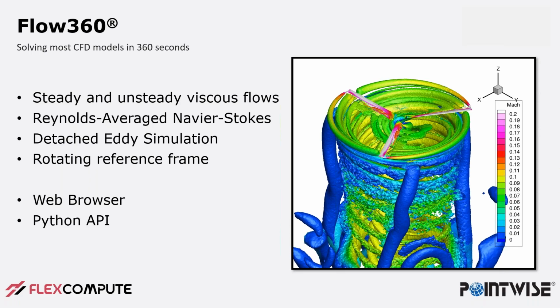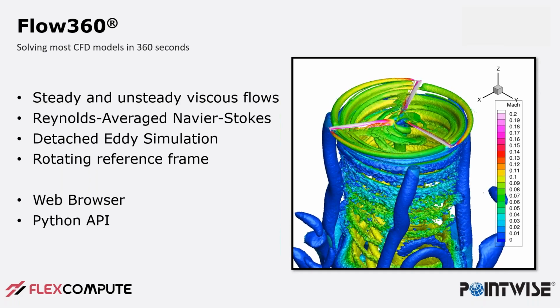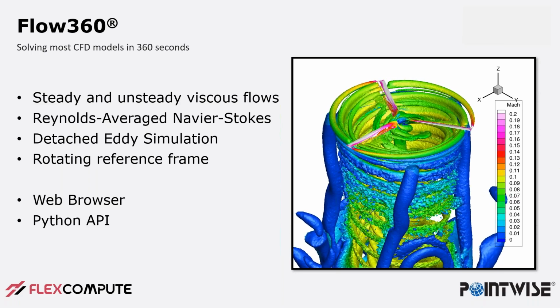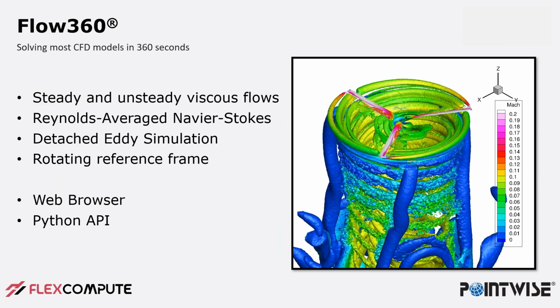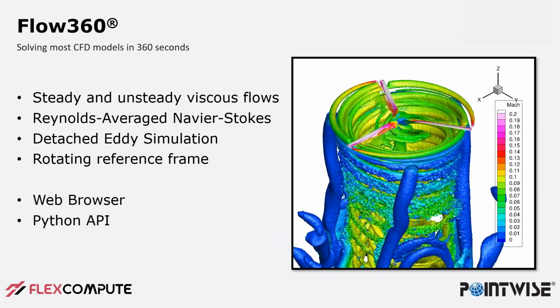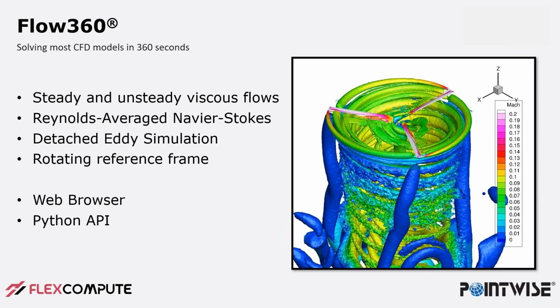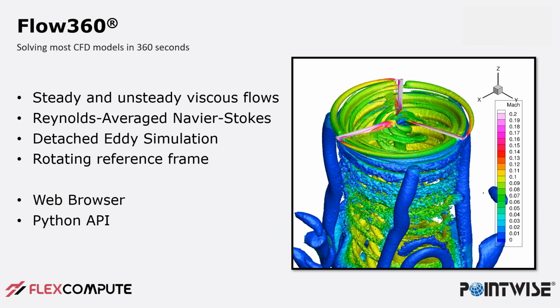We have recently developed a rotating frame of reference capability, so we have meshes rotating inside of each other to simulate propellers and rotors. For you to access our solver, we provide a web browser-based interface as well as a Python-based API so that you can automate your entire CFD process if you can code in Python.